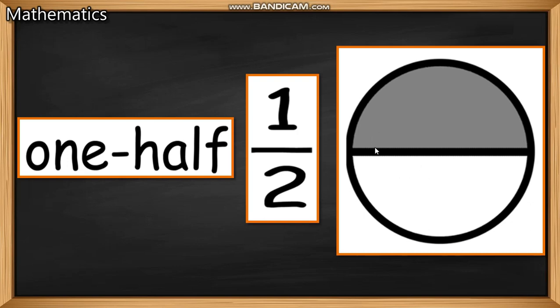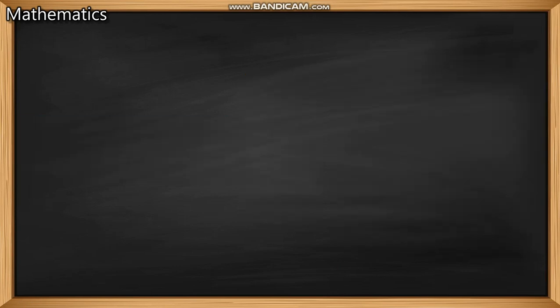This is half of the circle. The shaded part is half of the circle, or you can say the shaded part is 1 by 2 of the circle.